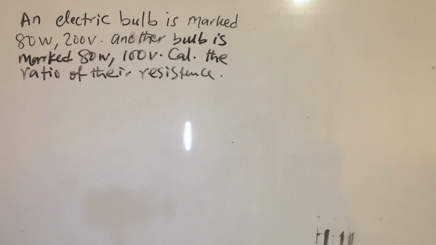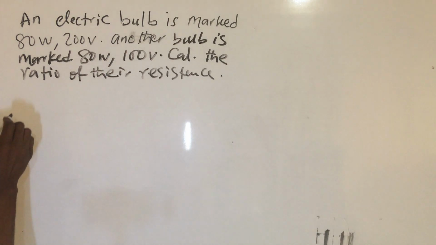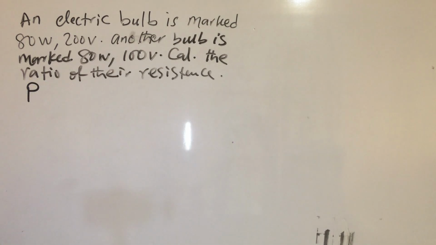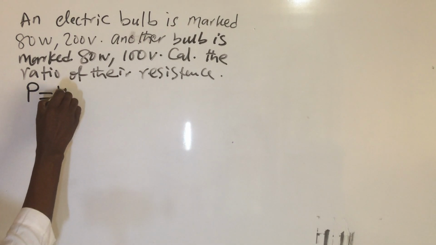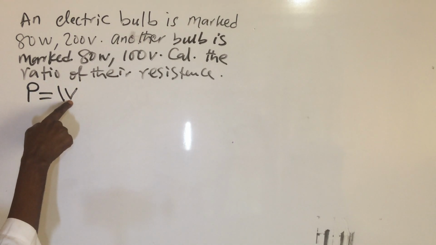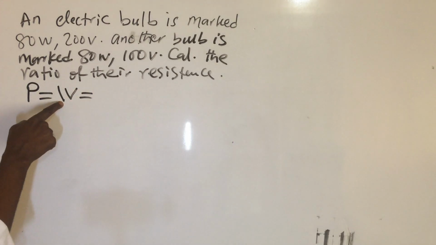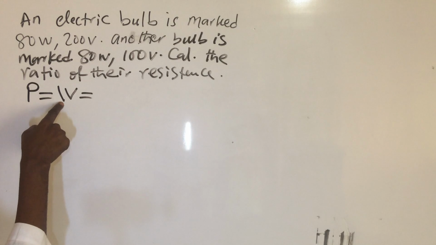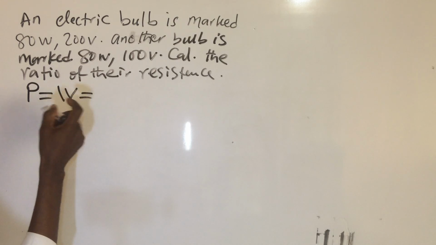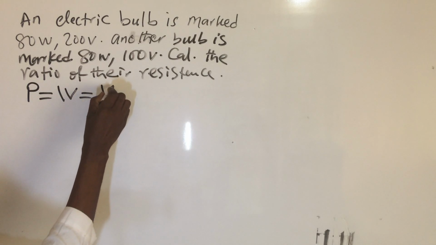Now, we write out the formulas involving calculation of electrical power, which is electrical power equals IV, which is current times voltage, okay? And if we move on, we still notice that current has a formula. I've treated this before, which is voltage over resistance, which we now have V squared.